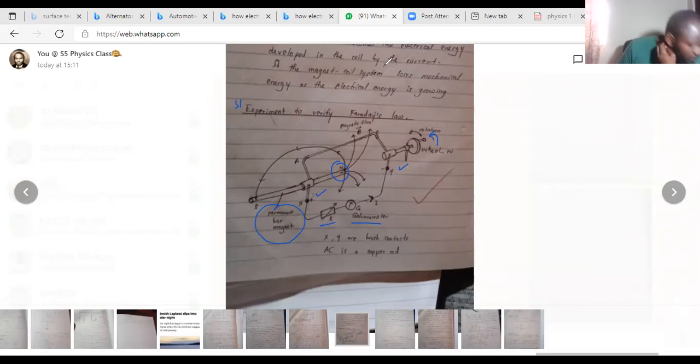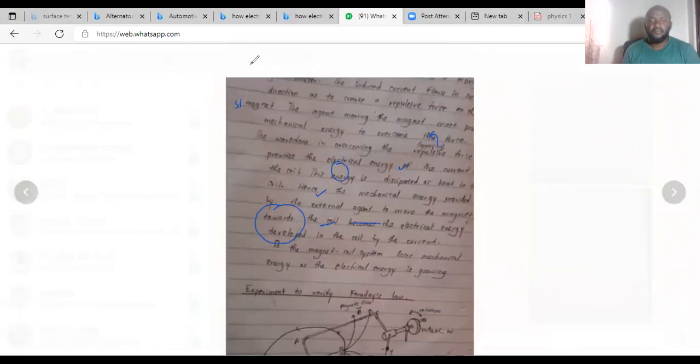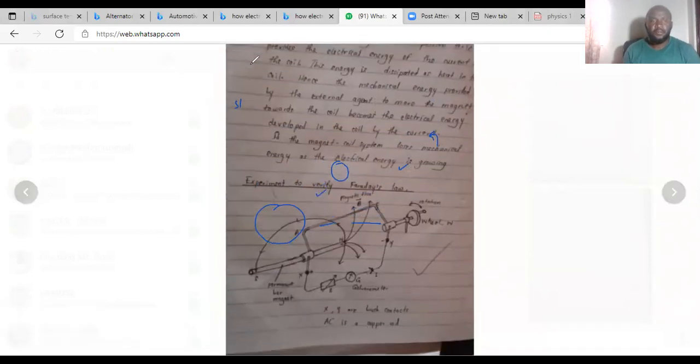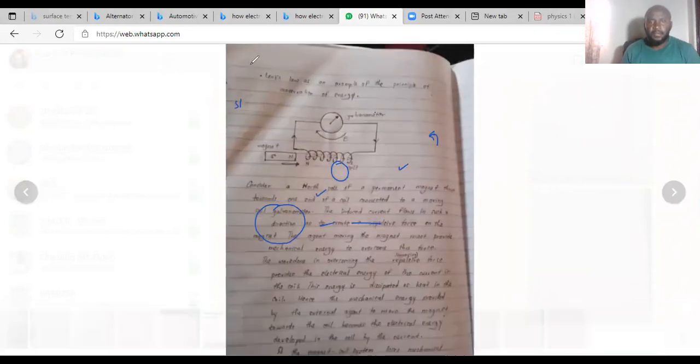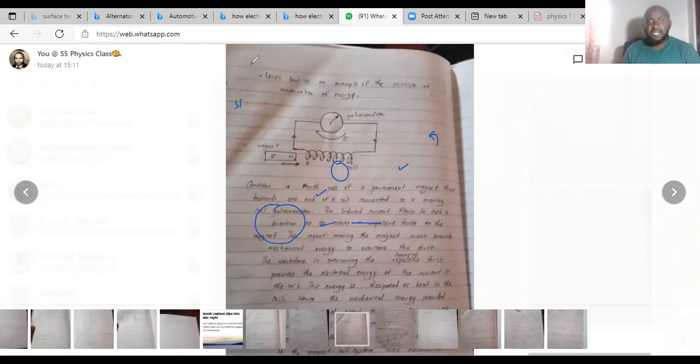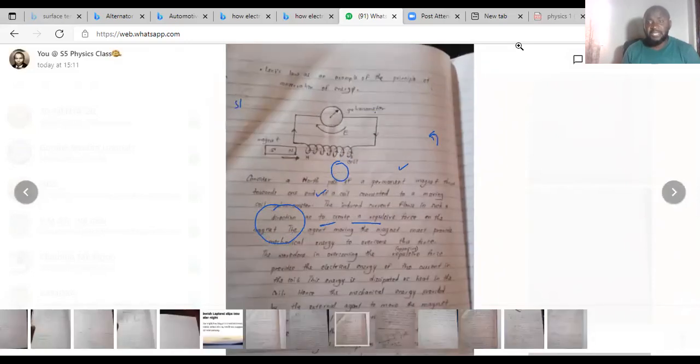Yes. I was saying that they can ask you to explain how Lenz's law is an example of the principle of conservation of energy. And I was saying that if you thrust a magnet, I think Lucy, you understood how the opposition comes in.